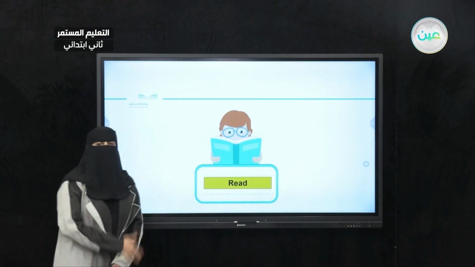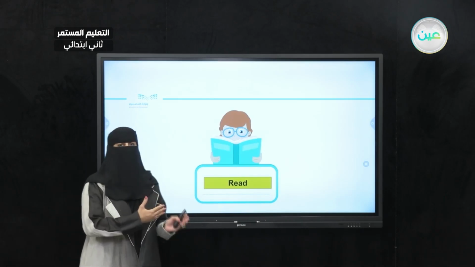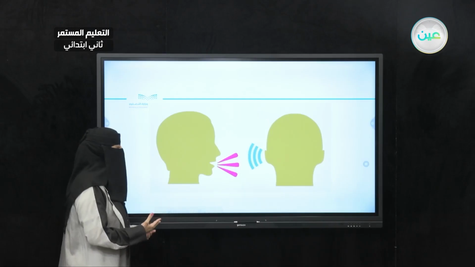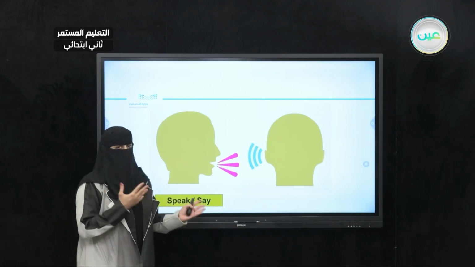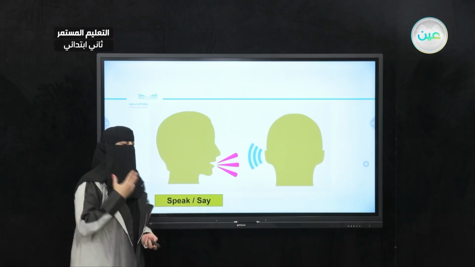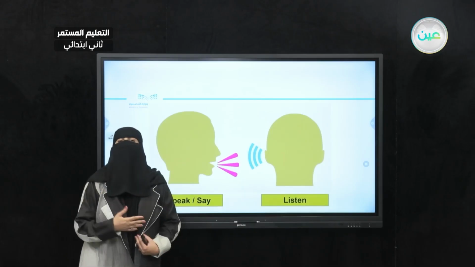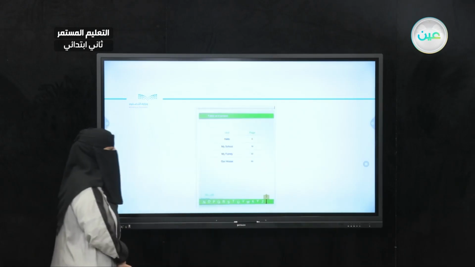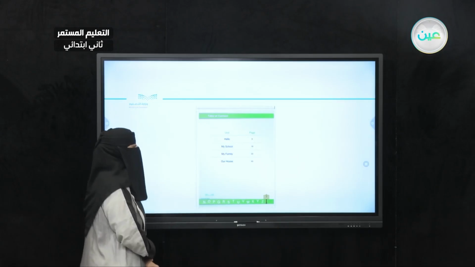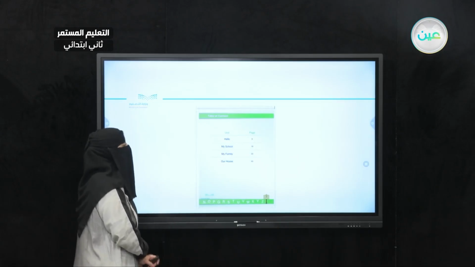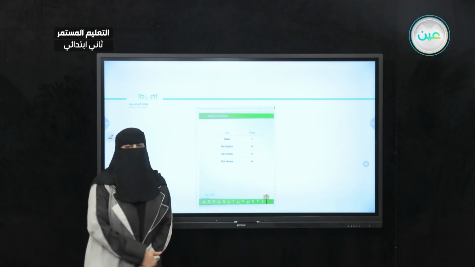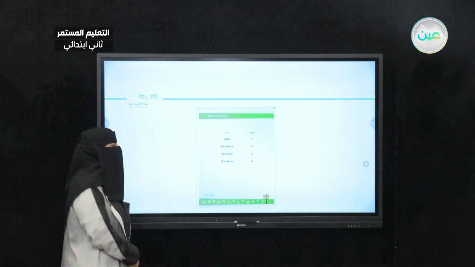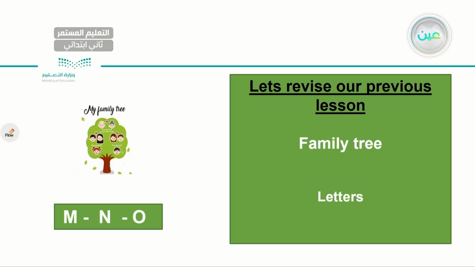So try to read the words, letters, or numbers as you see them on the screen, or when I speak out the letters, just listen and repeat after me. As I told you, we are covering unit number 3, My Family. It starts at page 33, and today we will start lesson number 3.